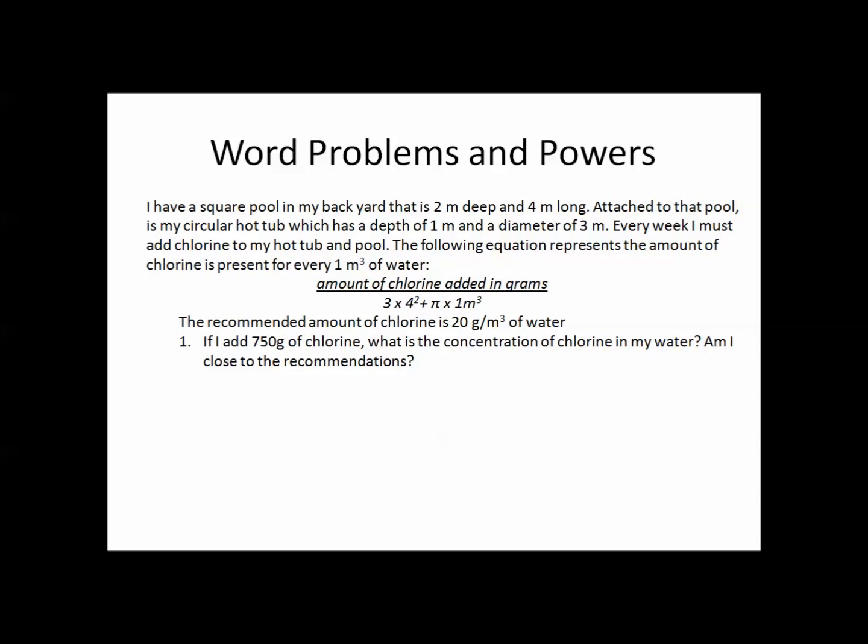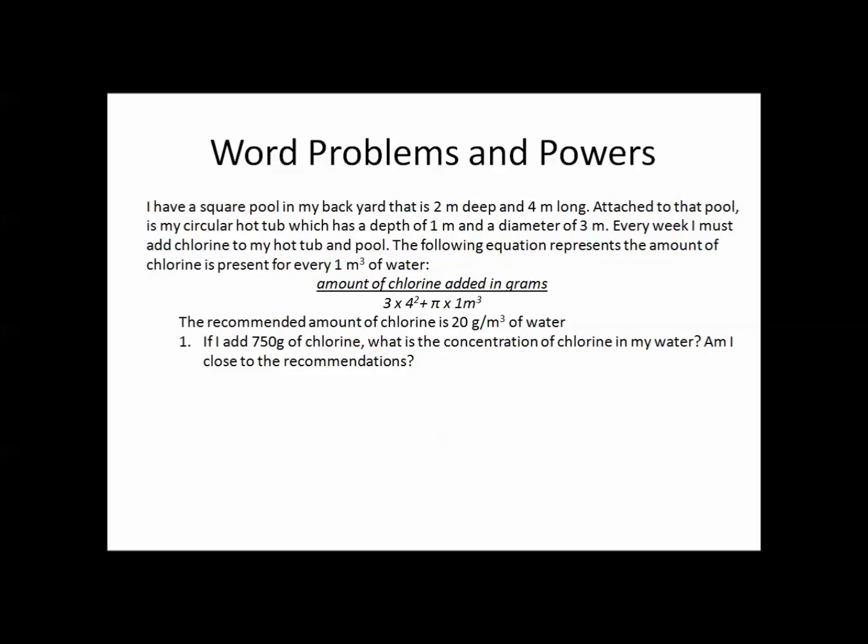So the equation is the amount of chlorine added in grams divided by the diameter of the hot tub, area of the pool, added by pi because the hot tub is a circle, and then you multiply it by the volume of water, which is 1 meter cubed of water for this equation.